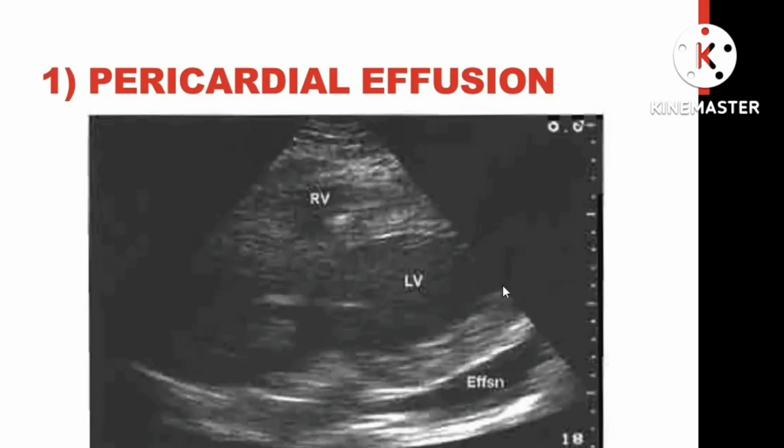If it goes all around the heart and crosses the apex, then it's most likely pericardial effusion. So look for the movement. If it is moving with the heartbeat, it's more of a fat pad.